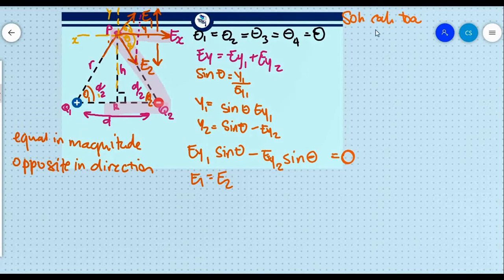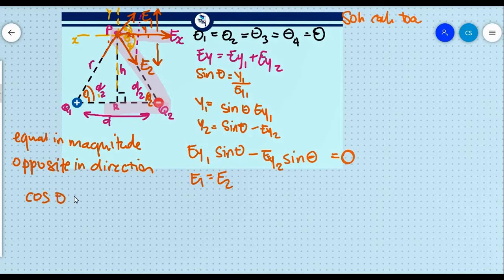And this time we'll use cosine, because cosine theta is equal to the adjacent over the hypotenuse. And let's call the adjacent x1, I guess. Alright, so let's work on that.